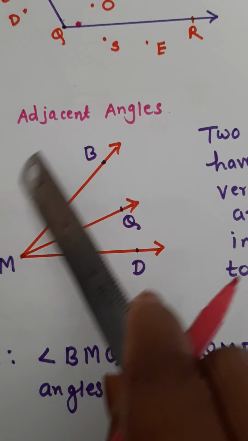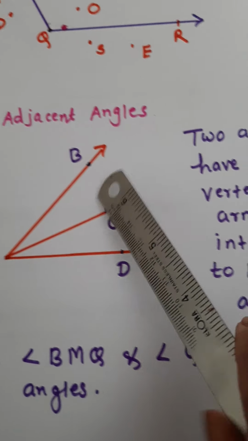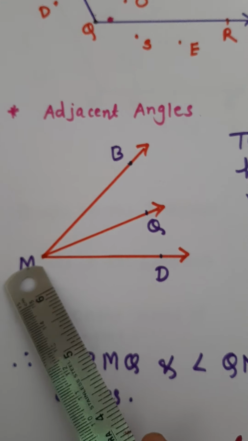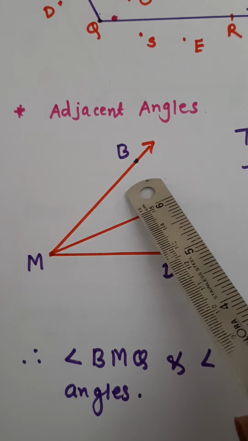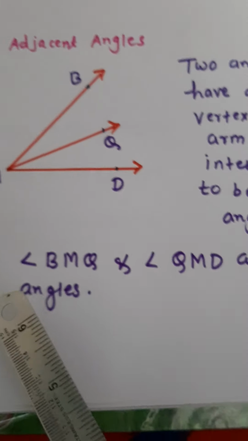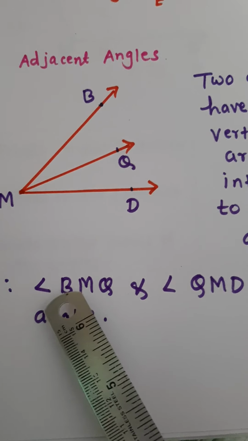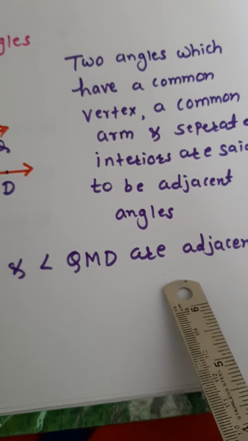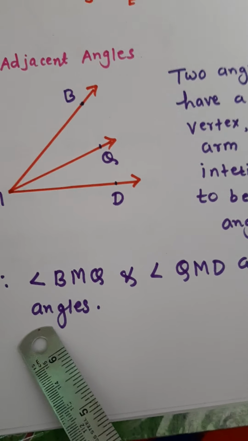Means this figure shows all three conditions: common vertex, common arm, and separate interiors. So what can we say? Therefore, angle BMQ and angle QMD are adjacent angles.